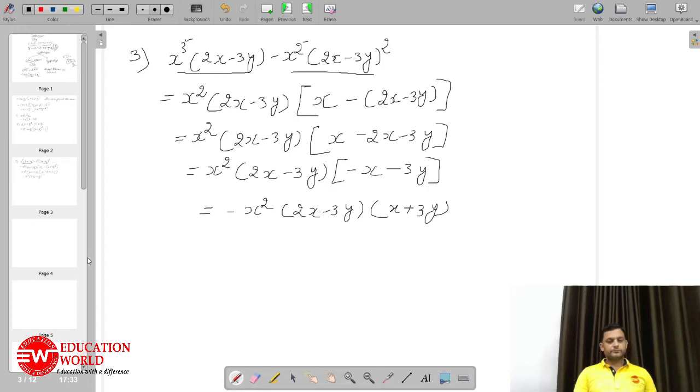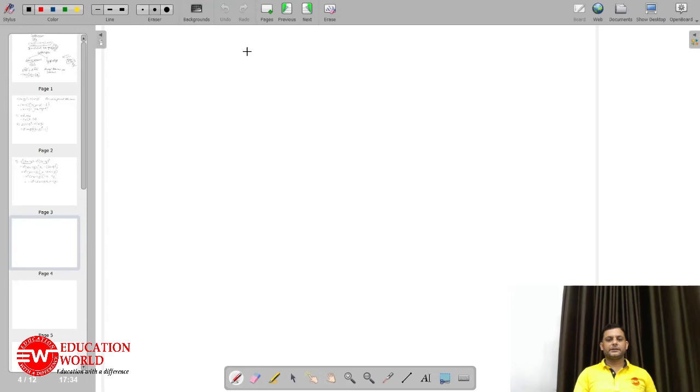Now another method is grouping. Grouping means you are grouping the things, you are making them together. Together how? I will just give you the example.